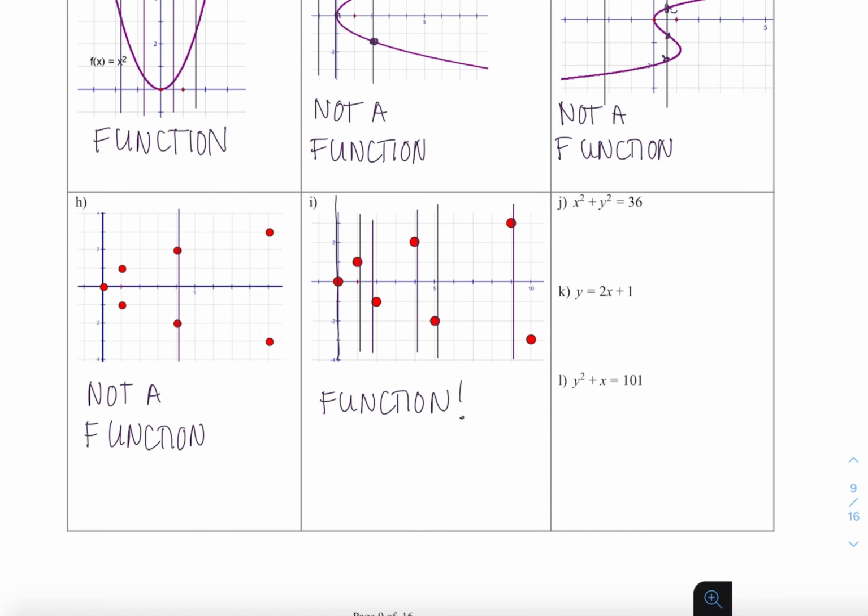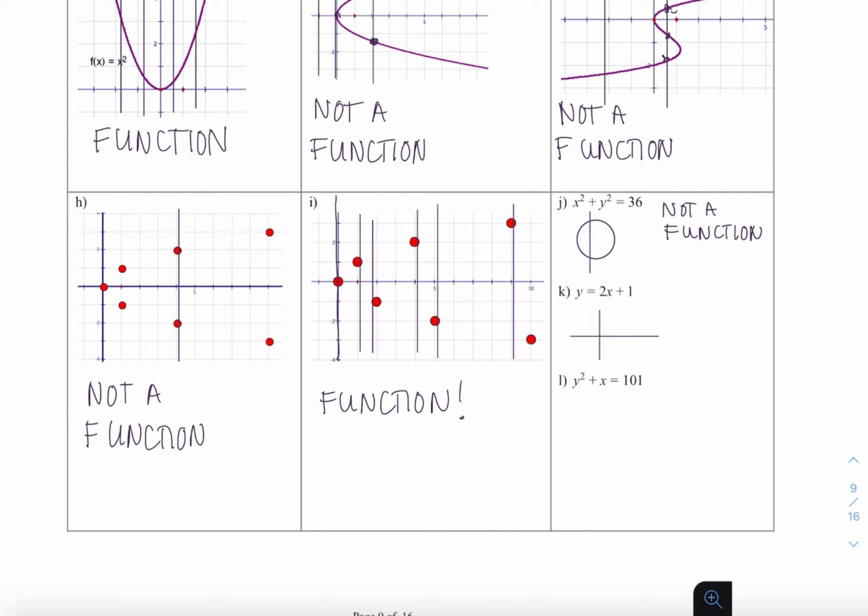Now, I could give you equations, and you would have to deduce whether it's a function or not just by knowing what the relation is. This is a circle, and all circles fail the vertical line test. This is not a function. The next one is a line with a slope.